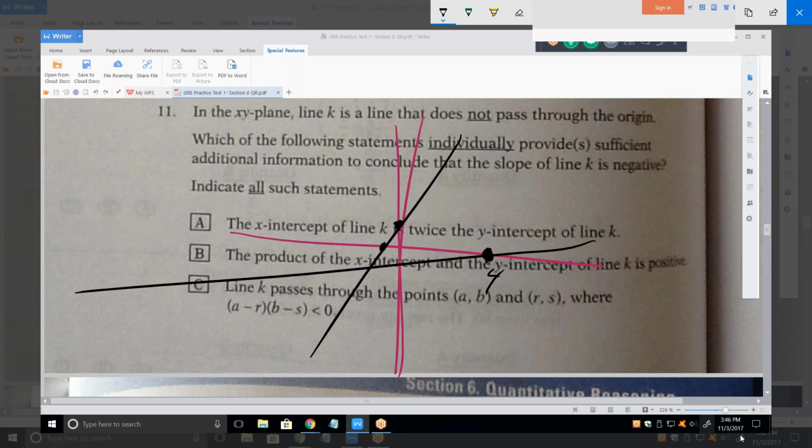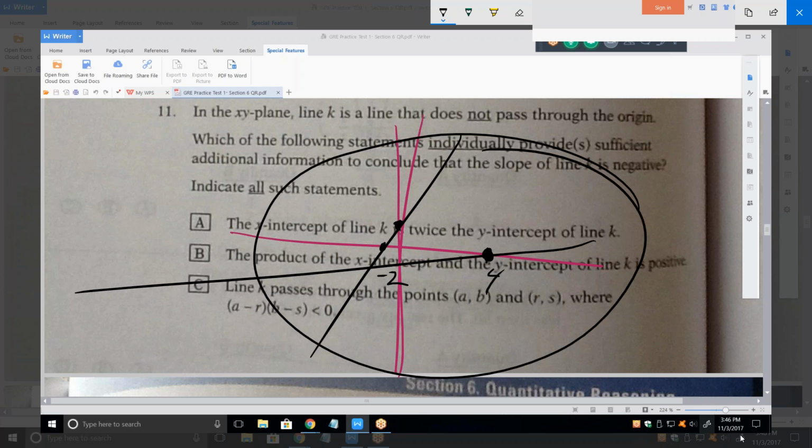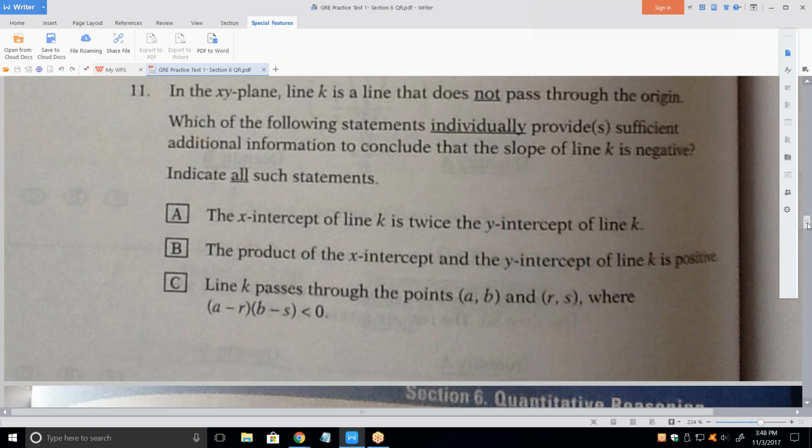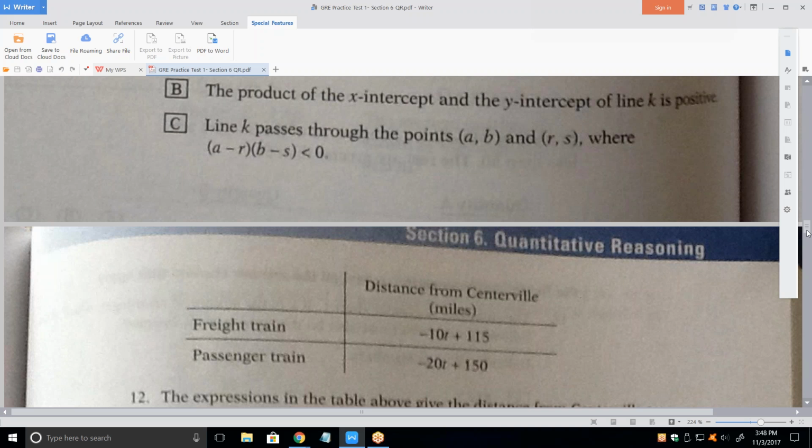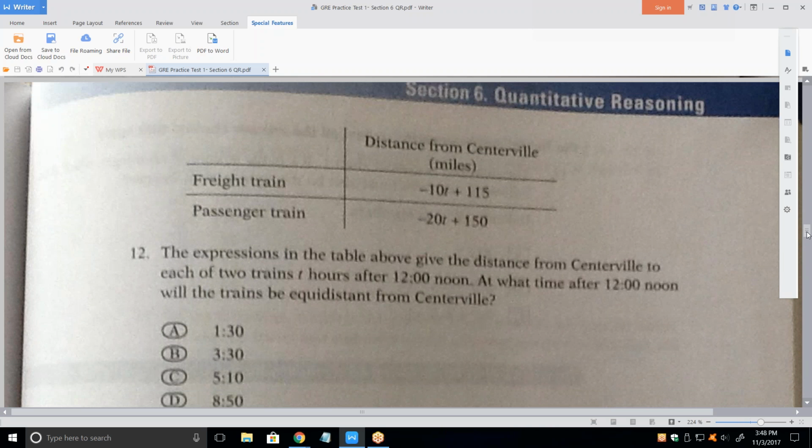The x-intercept is 4, the y-intercept is -2. So the x-intercept is not twice the y-intercept. So after drawing those two lines, I probably give up and say, yes, A is true. That's the way I would do pretty much all of these. And then it's a question of how much time you really want to give to that problem.